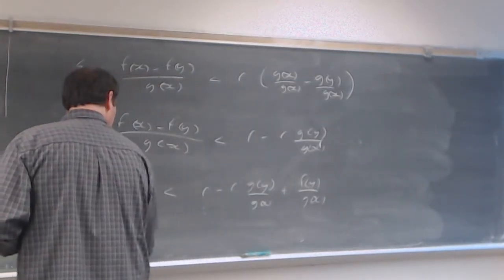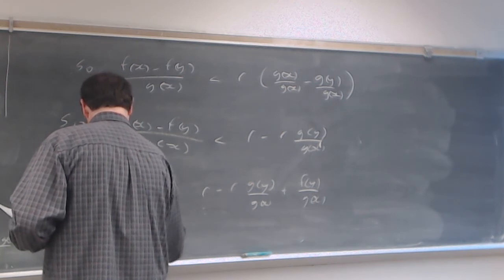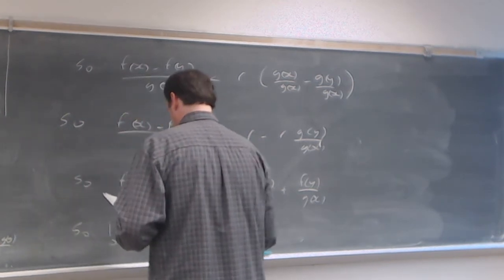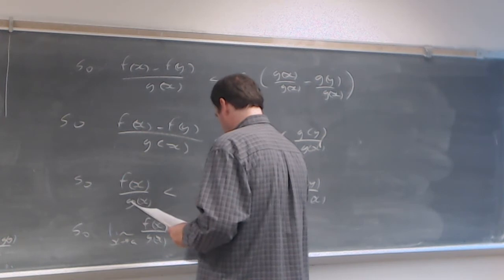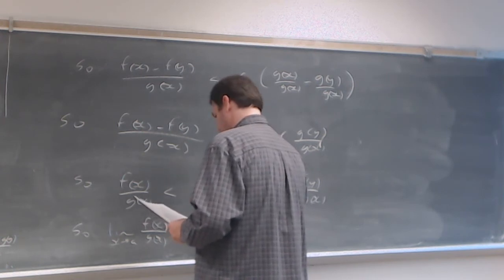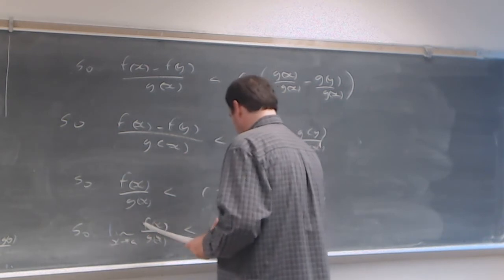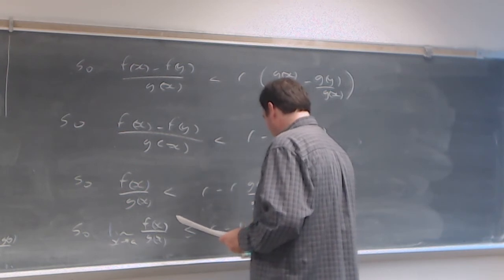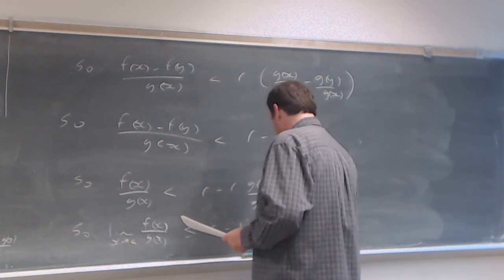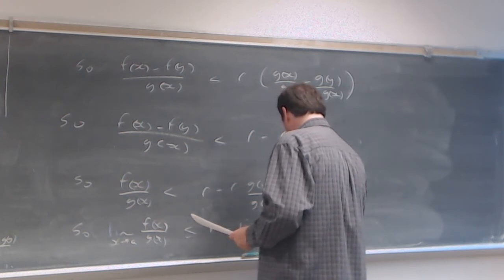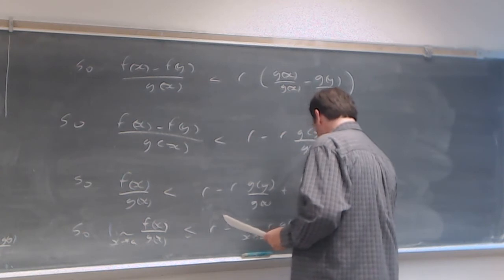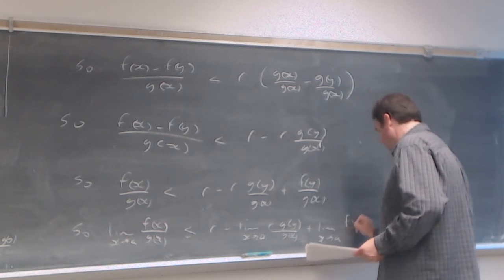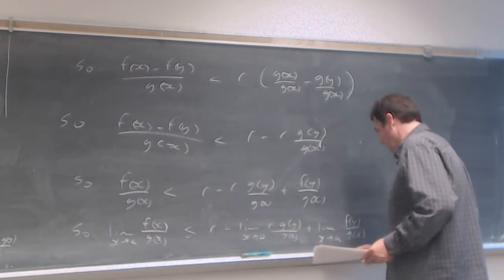So, the limit as x goes to a of f of x over g of x is going to be less than or equal to the limit of all of this, which will be r minus the limit as x goes to a of r times g of y over g of x plus the limit as x goes to a of f of y over g of x.